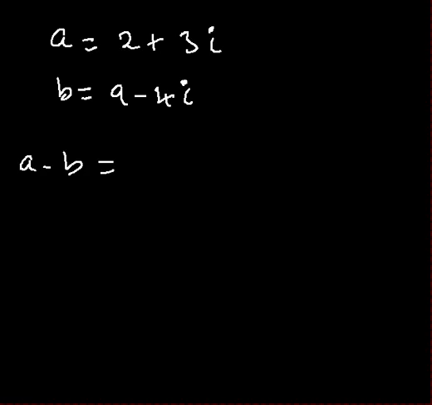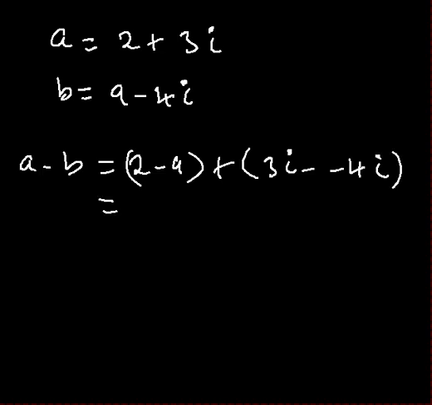For this case, we subtract the real parts, 2 minus 9, plus 3i minus negative 4i, which is the same as negative 7, plus positive 7i. So that's how we should have it.